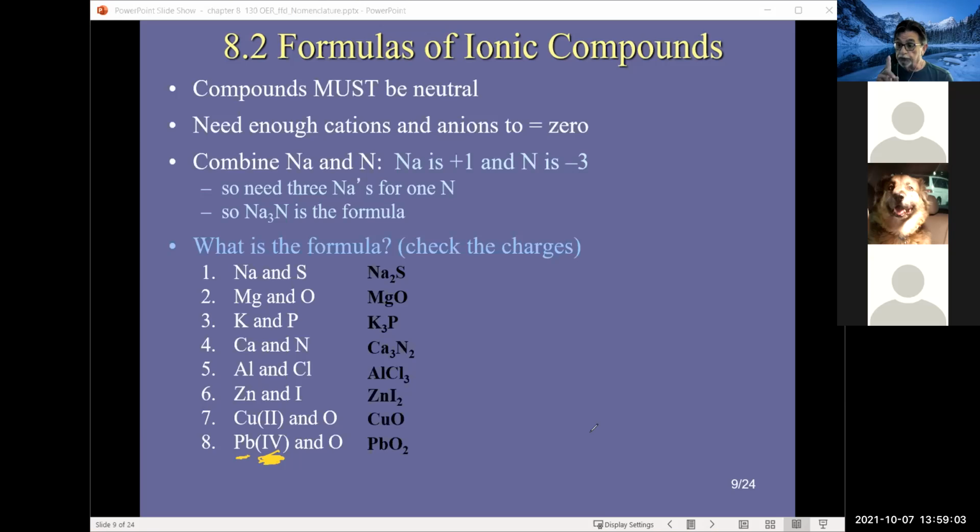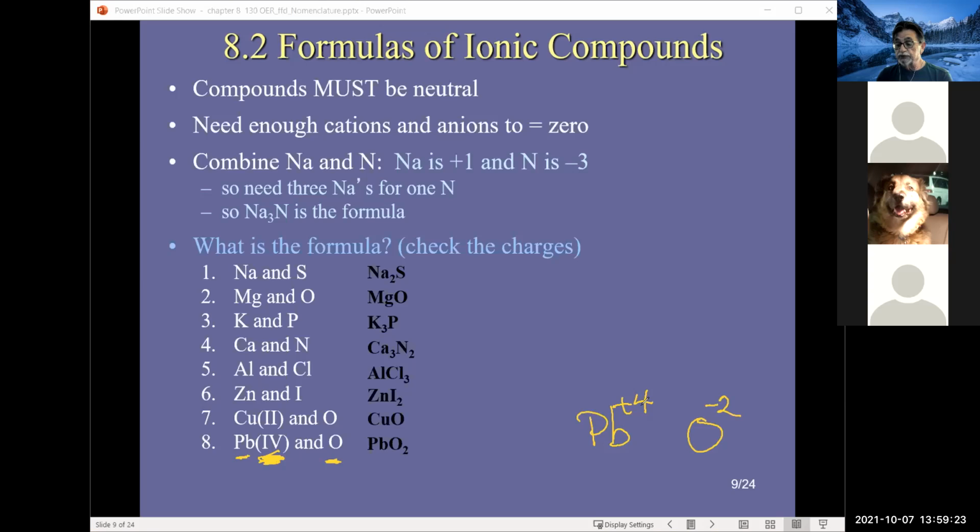Four. +4. You got to be specific. So the oxidation number of that lead ion is a +4. Now the oxygen is in group 6. We agree on that, right? When it becomes an ion, it's going to pick up 2 electrons, so it has a -2 charge.